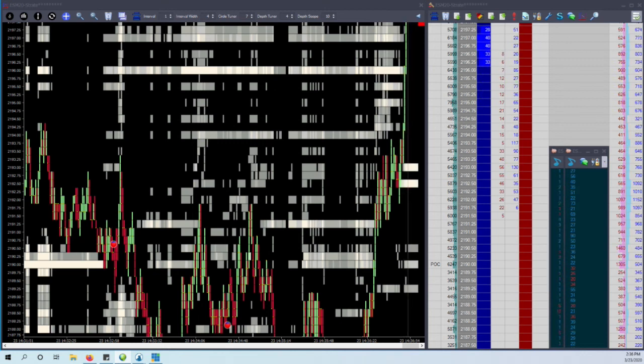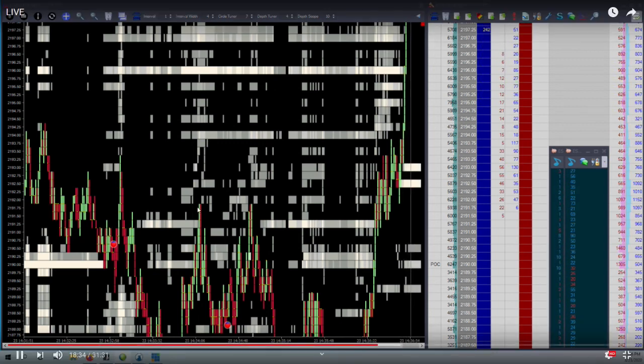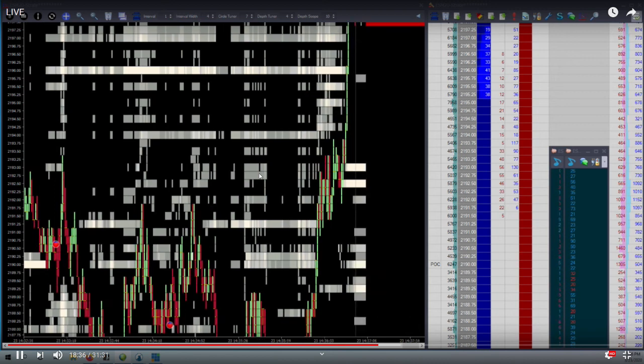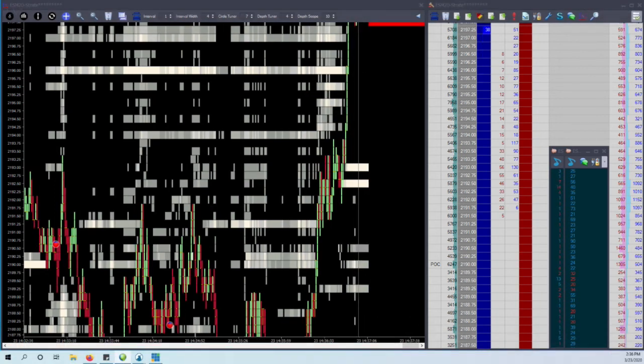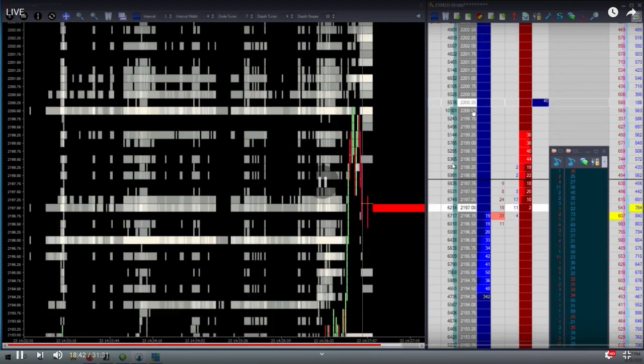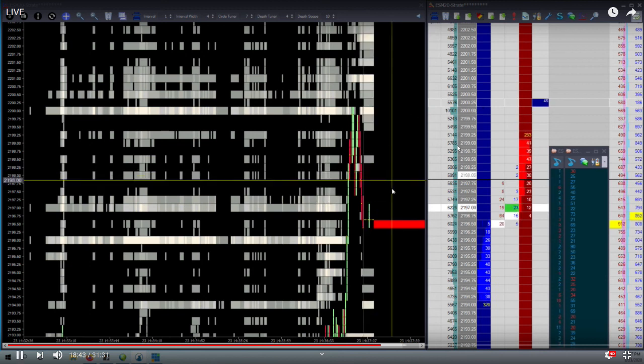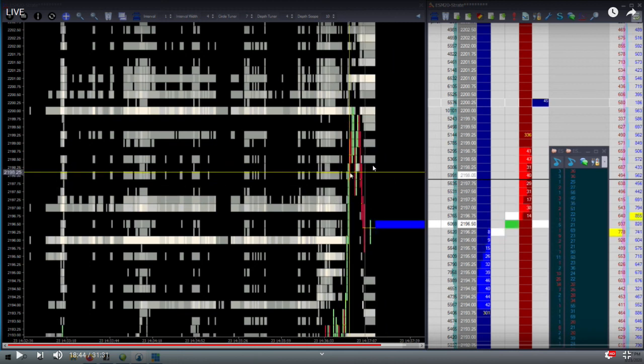So I know it's blown up, but again, I'm just looking for something. There's so much opportunity. The thing is, you can get really messed up. You can get on the wrong side. See, this 2200, a lot of size traded there, double almost everything around it, and it made sense to get on the other side of this thing, because there's this hard bounce, and that's one of those psychological levels.